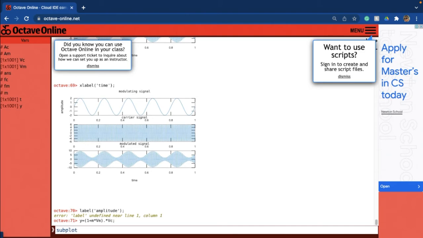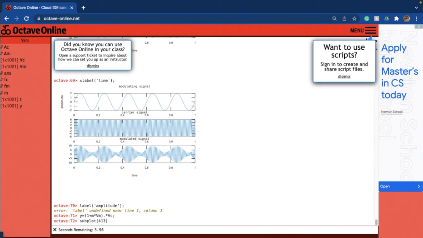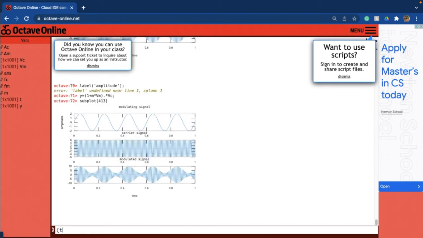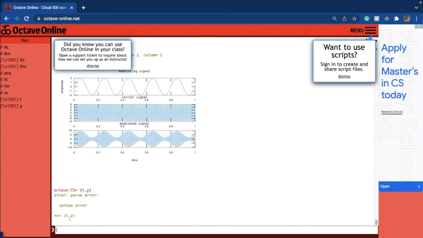Subplot 413. Plot T comma Y. And then your titles, modulated signal.